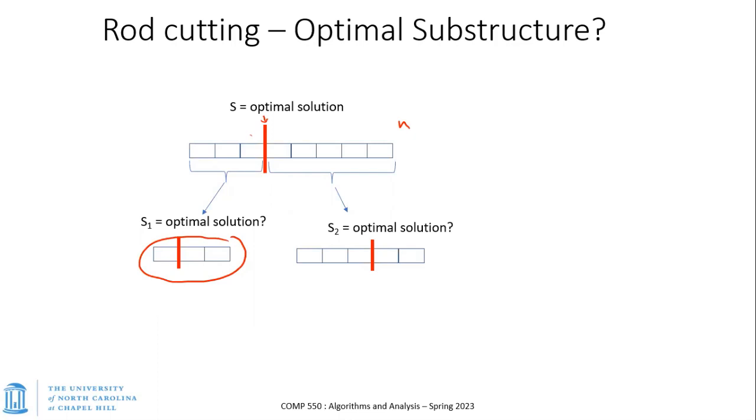That's what optimal substructure says: that if you have an optimal solution, then the subproblems of that would also be optimal.